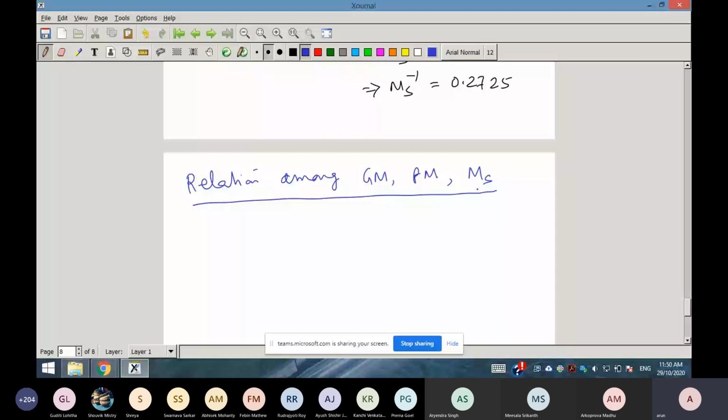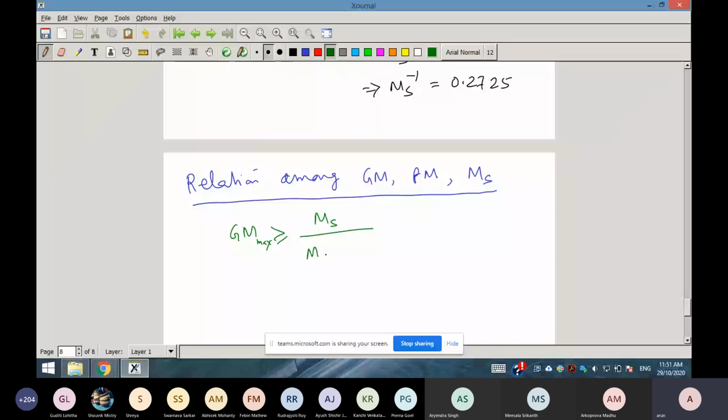Your gain margin is greater than or equal to, here gain margin I have considered, remember, the upper side gain margin, so that's why I am writing here max. Gain margin max is MS divided by MS minus 1, and for phase margin I need not include max.